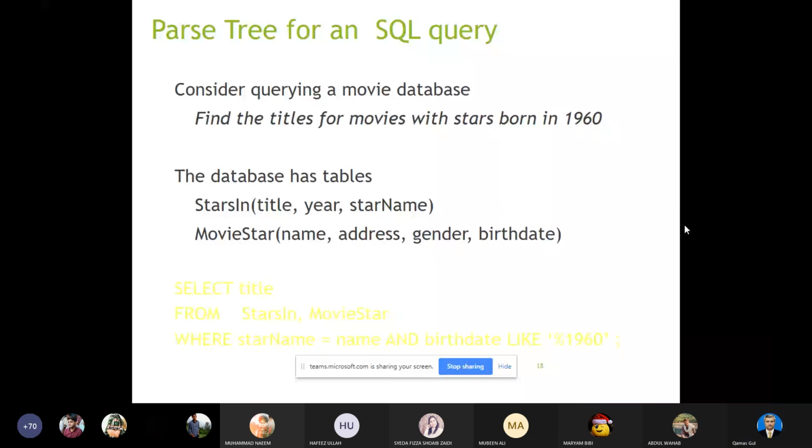There is a program called SQL Query, Structured Query Language, which is used with different database software like Oracle, like SQL Server from Microsoft, and some other kinds of database programming languages.